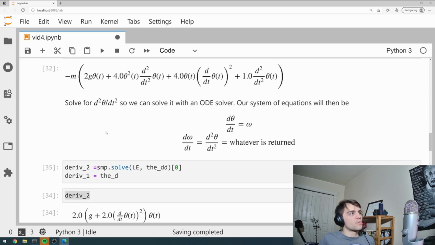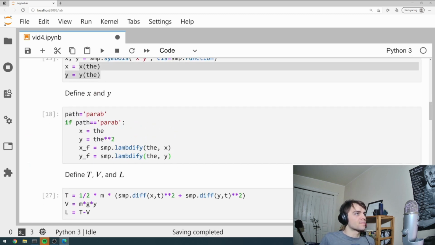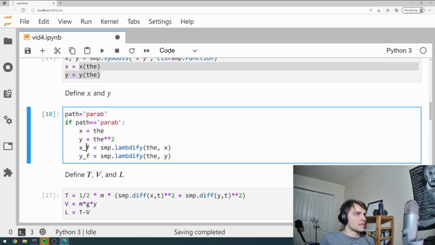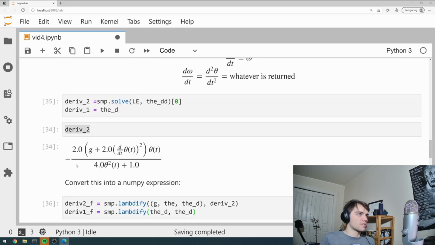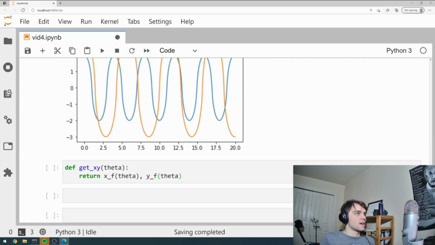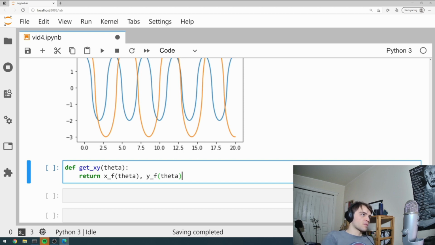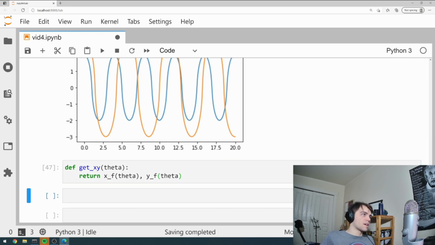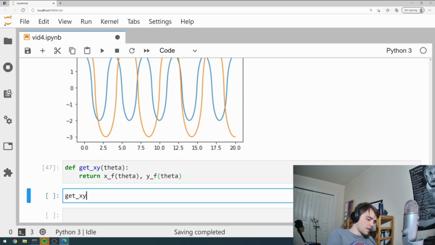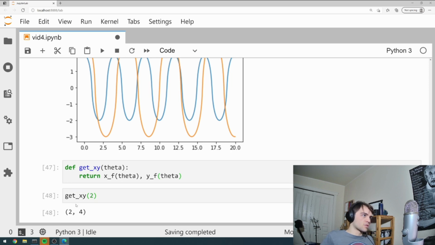Remember that we define these functions up here, xf and yf, so that we can have these numpy functions to play with later on. So it'll take in a theta and it returns x and y. So for example, I can take x, y of 2, and it should return 2 for x and 4 for y, because we have a parabola.